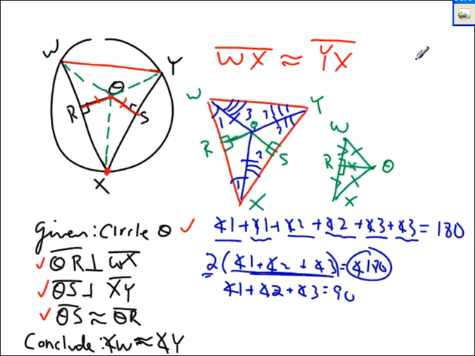Now we can give the same argument in the lower triangle, X, Y, O, and S. We know we have a right angle.